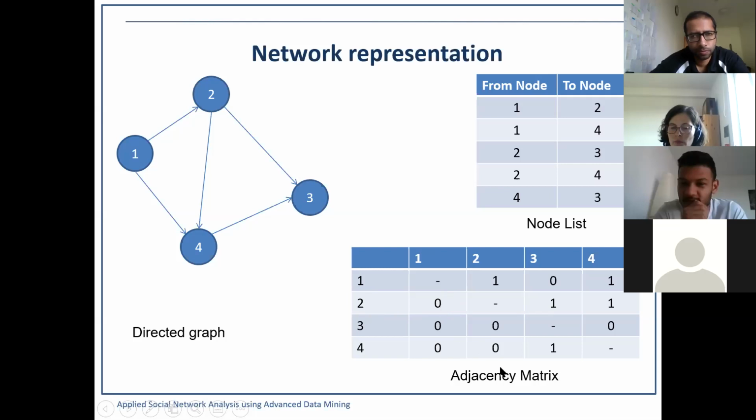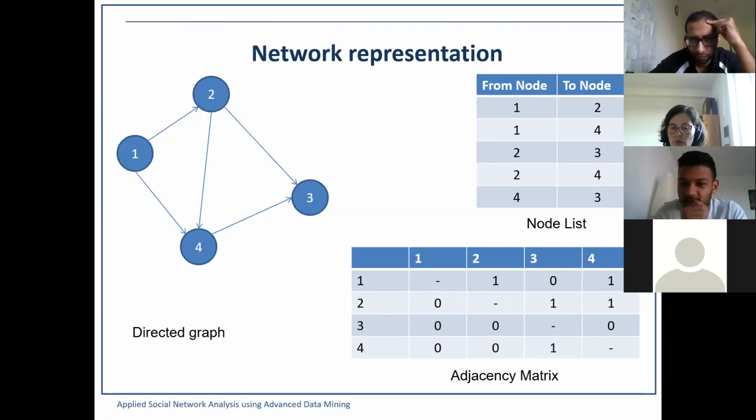This means the adjacency matrix is not symmetric. And in the diagonal, there is no information because we are not interested in links from node 1 to node 1, among the same nodes. Okay, so that's the adjacency matrix. That's the way we tell our computer, we tell our models, how to represent a graph.